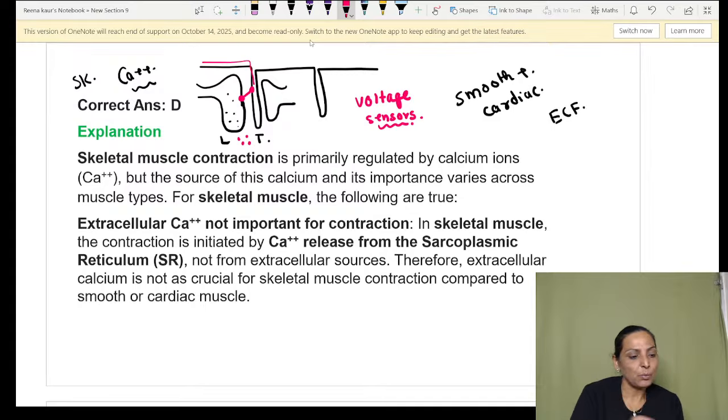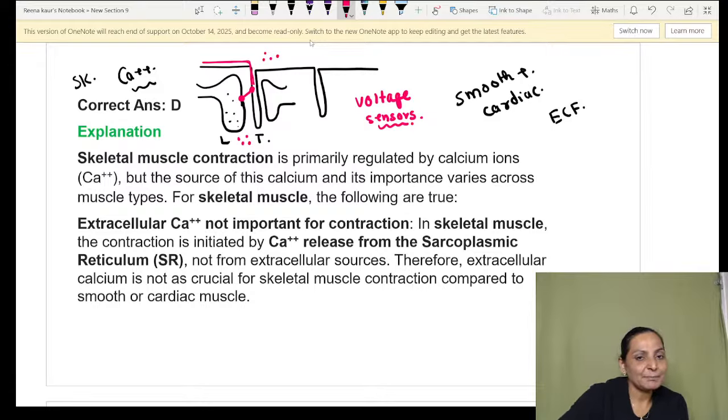But what happens with cardiac muscle? In cardiac muscle, as the action potential travels along the T-tubules, the DHP receptors open and pour out calcium. That calcium then results in the opening of the ryanodine receptors and releases more calcium.